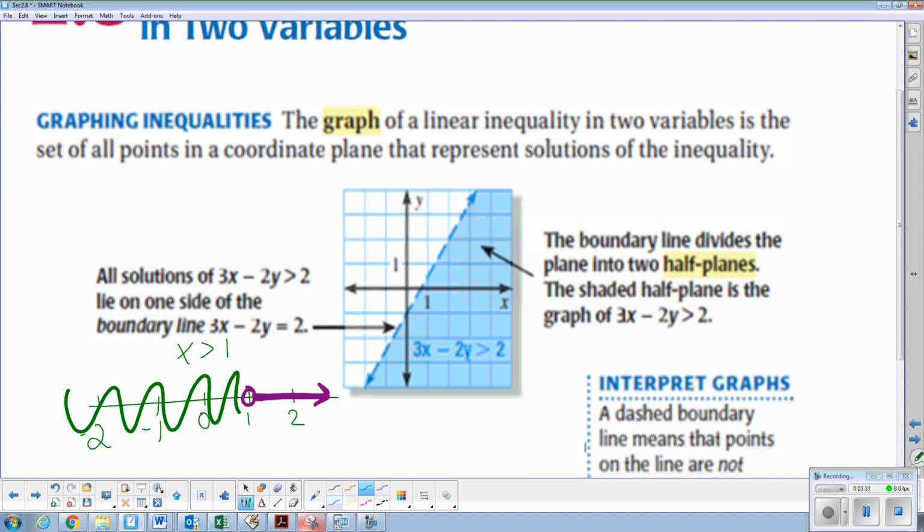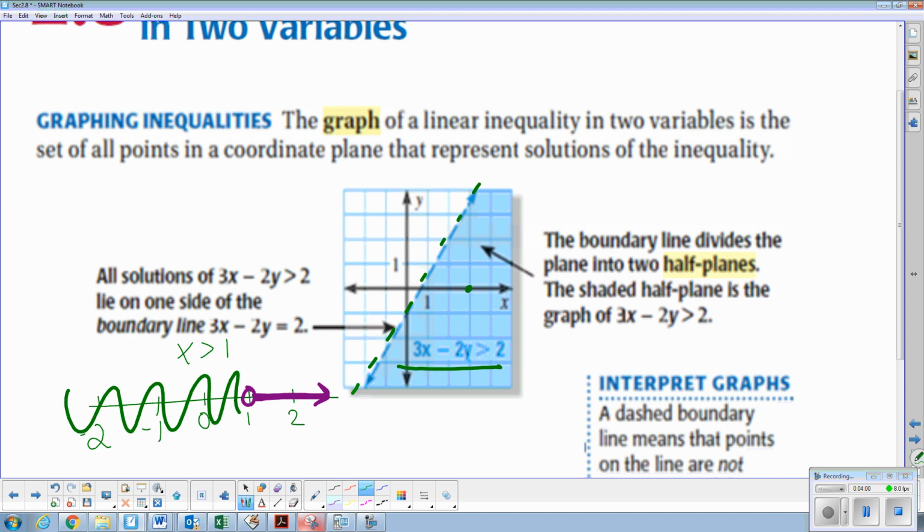So on the graph that you see on your note sheet, you see this dotted line right here. This is our boundary line. So this is the line that divides our coordinate plane into multiple sections, into two half planes, and the shaded half plane is the solution. So here, 3x minus 2y is greater than 2. These are all the points where that is true.